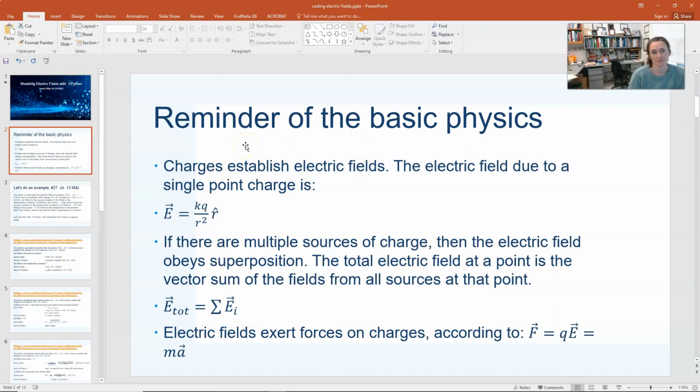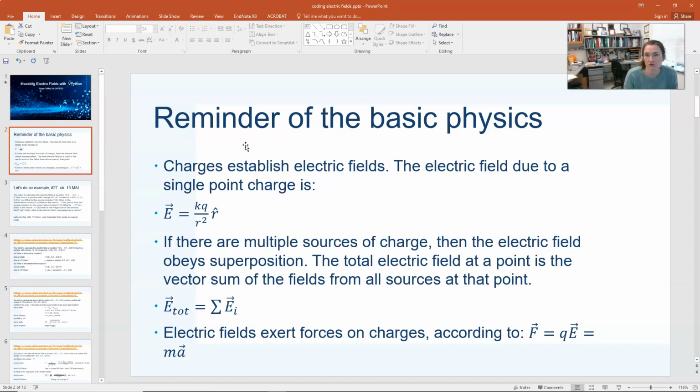So charges, of course, are what are going to establish our electric fields here. We're going to show in VPython the source charge, and then in later code also the charge that's affected by the source charge. So the equation to describe the electric field due to a single point charge is E is equal to kq over r squared times r hat.